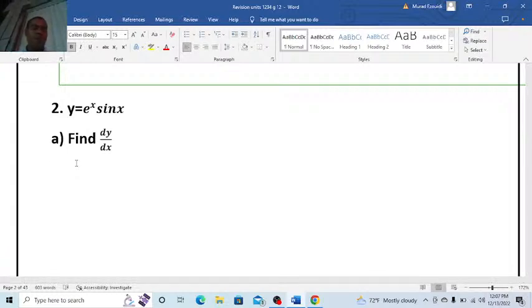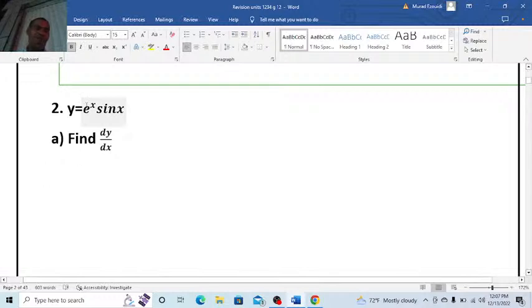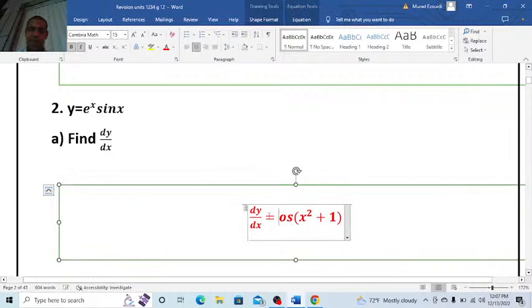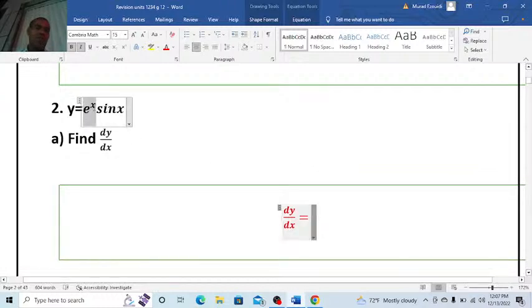Okay, therefore my learners, now this is my equation: y equals e to the x times sine of x. The question is find dy with respect to x. First of all I should differentiate exponential of x and then multiply by sine of x, plus I will keep e to the x as it is, not changed.